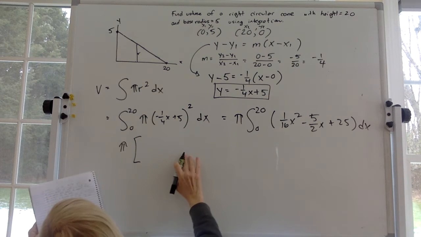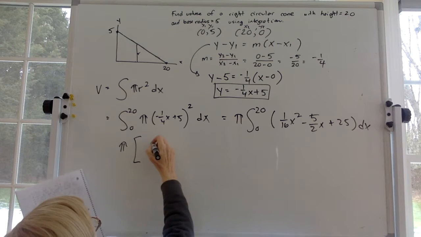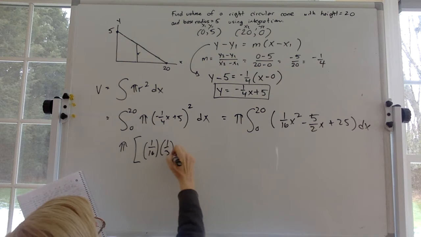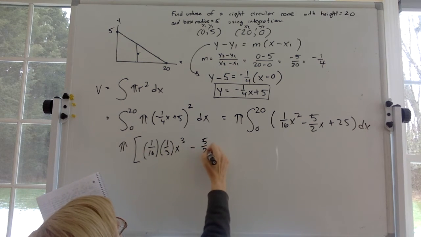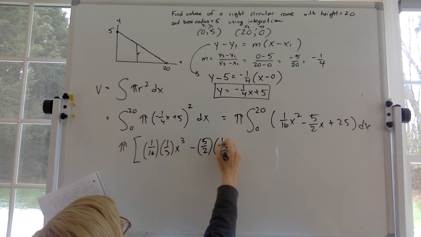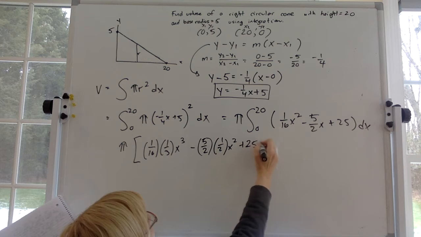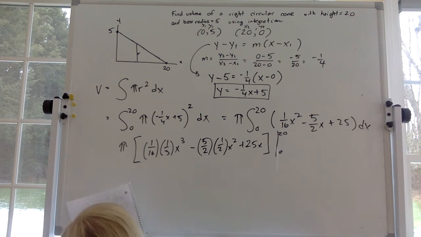So the antiderivative of 1/16 x squared would be 1/16 times 1/3 x cubed, right? Minus 5/2 times 1/2 x squared plus 25x. And that goes between 0 and 20.